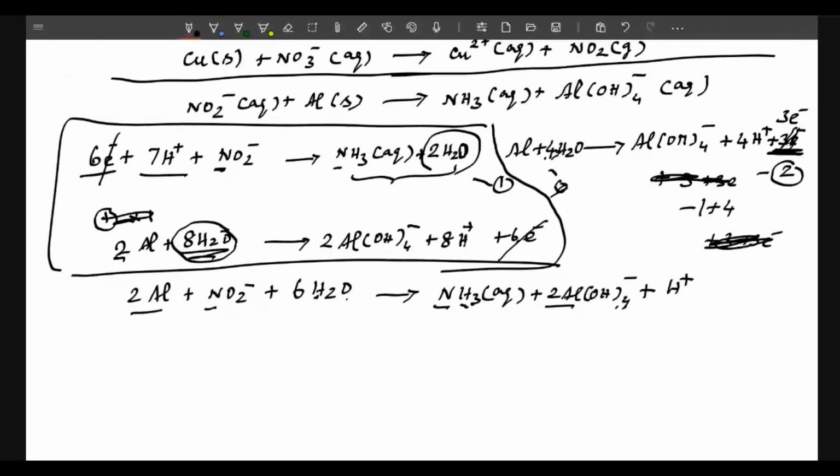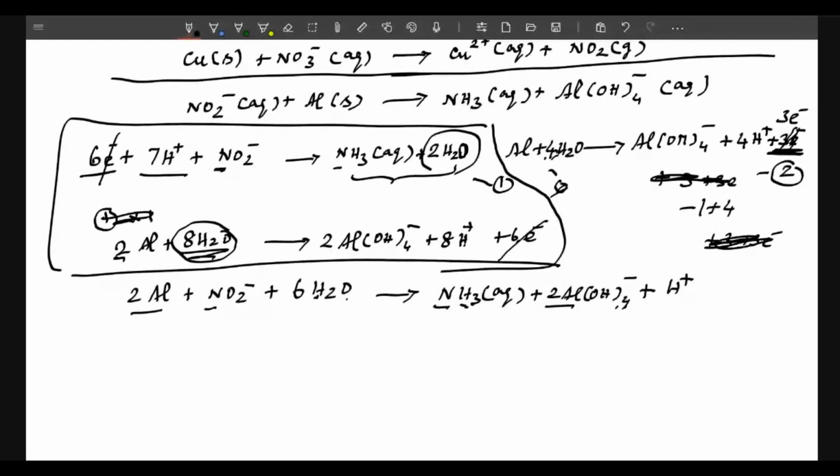But the reaction is taking place in alkaline medium, basic medium. The procedure we have adopted is how to balance a redox reaction taking place in acidic medium. Follow the same procedure up to this net reaction. But one step is there: you have to convert the H plus ion.